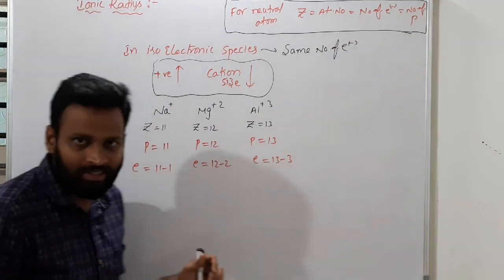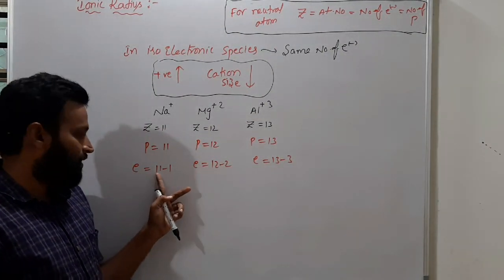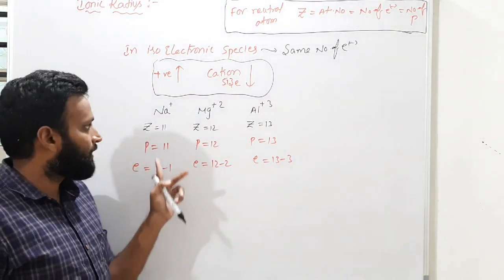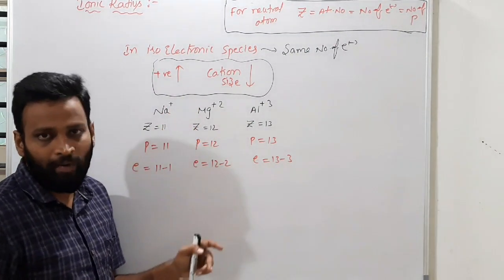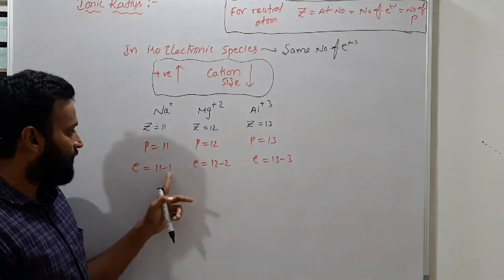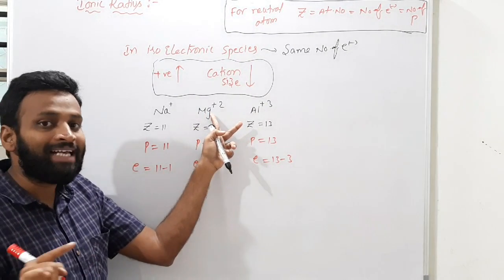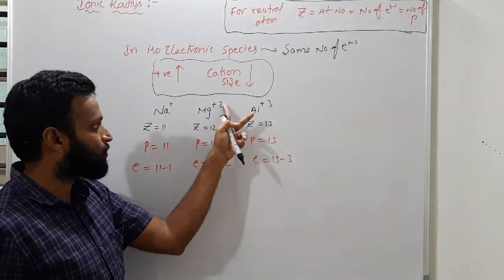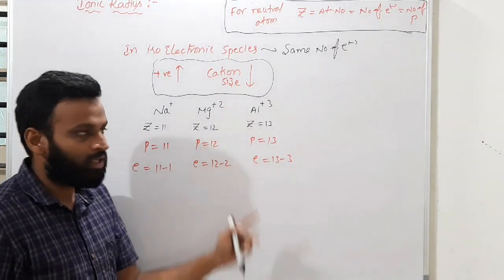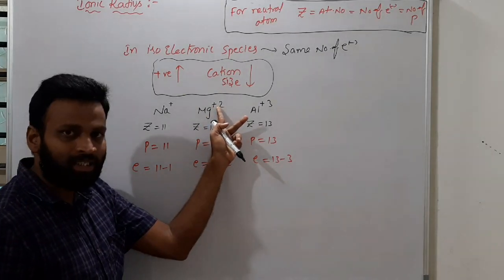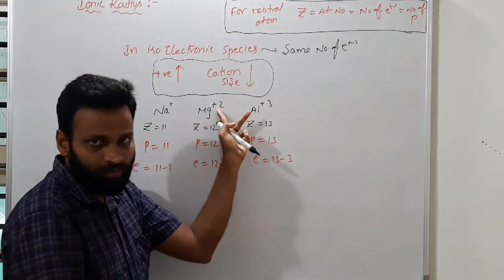Why am I doing it like this, understanding? 11 electrons are actually present in sodium, but it is Na+. It lost 1 electron, so 11 minus 1. Here Mg has 12 electrons actually as an atom, but plus 2 means it lost 2 electrons. The charge that exists means that many electrons it lost.